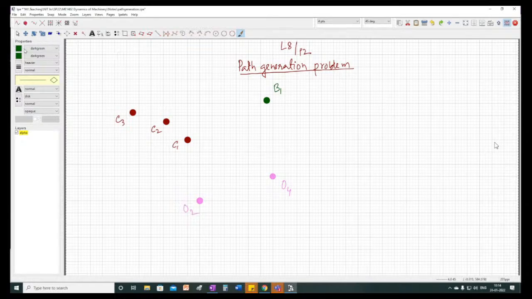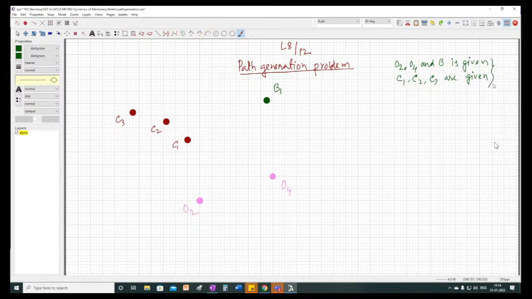Let me first write here the problem statement. The problem statement is this: O2, O4 and B are given. C1, C2, C3 are also given.